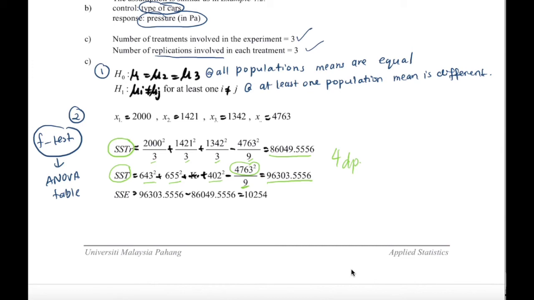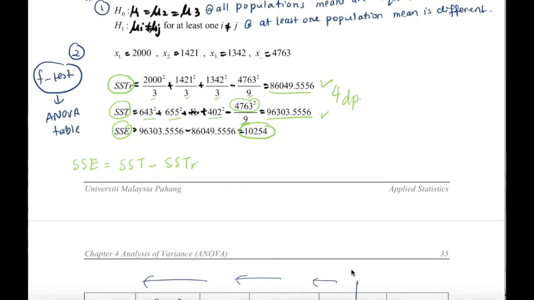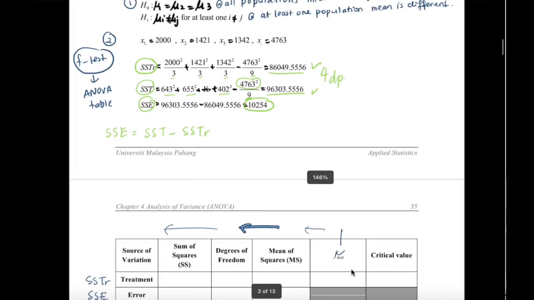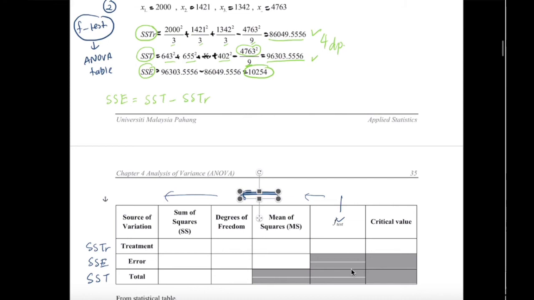So how do we get SSE? SSE is equal to SS total minus SSTR. So this one minus this one, you will get 10254. After you get SSTR, SST and SSE, put them into the table.